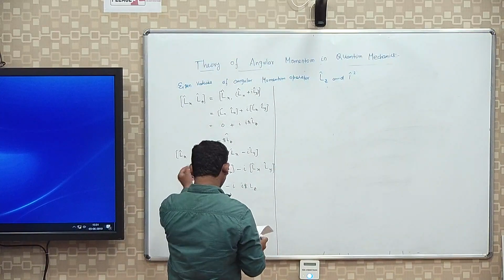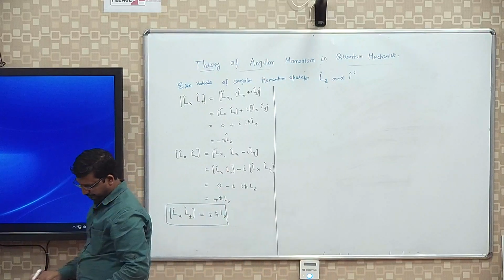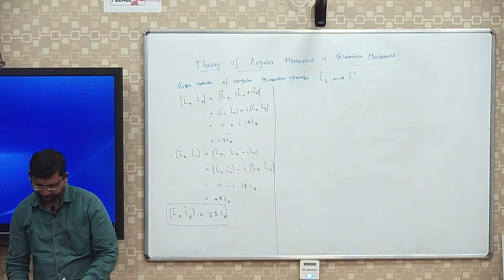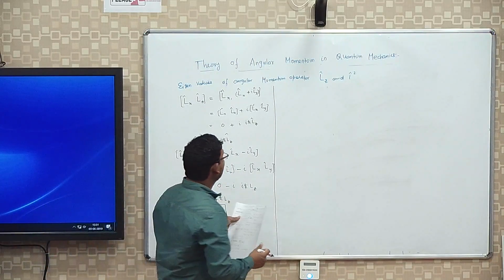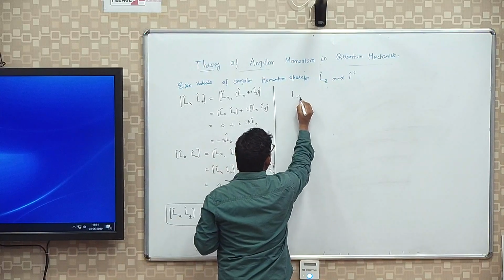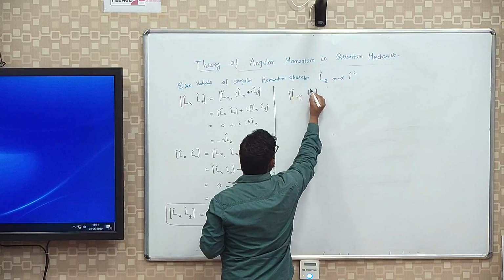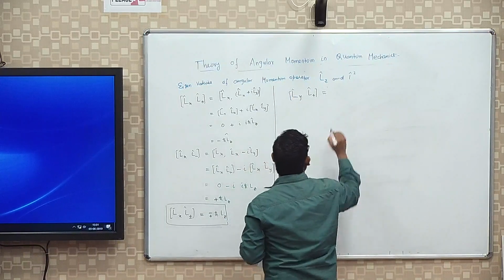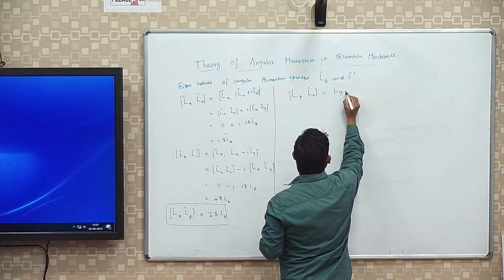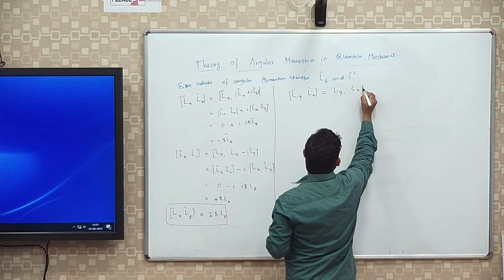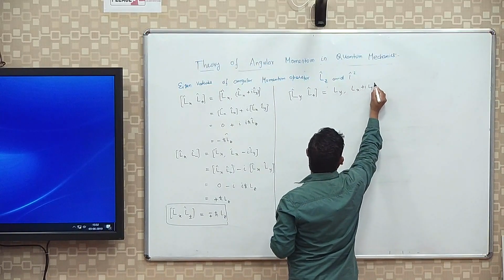Similarly, one can also write Ly with L plus, which is nothing but Ly comma Lx plus i Ly.